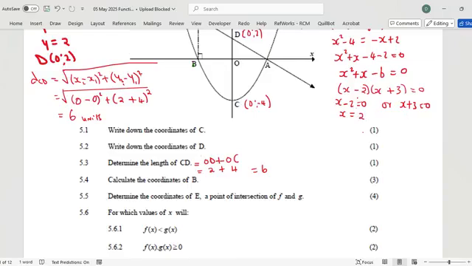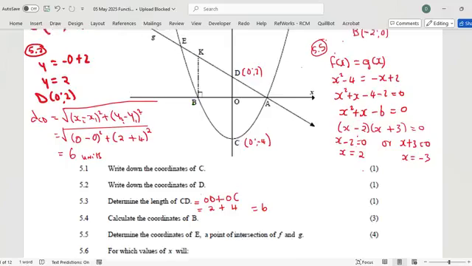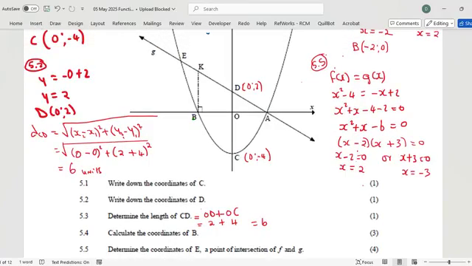The next one will be x is equal to how much? Negative 3. Now, between positive 2 and negative 3, which one will qualify to be the x at E? Positive 2 or negative 3? Negative 3. Okay, negative 3.